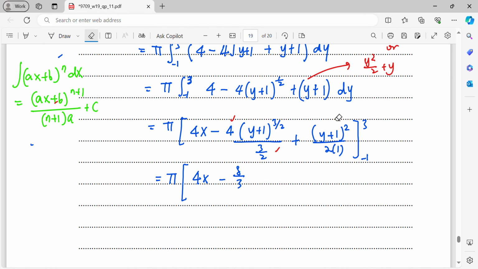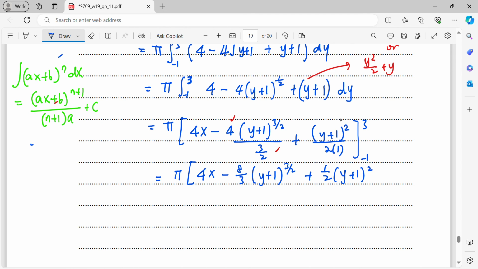Okay, so probably I rewrite. Then y plus 1 with degree 3 over 2. The over 2 here I can take out and change to half, or you can remain in that form, also no problem.